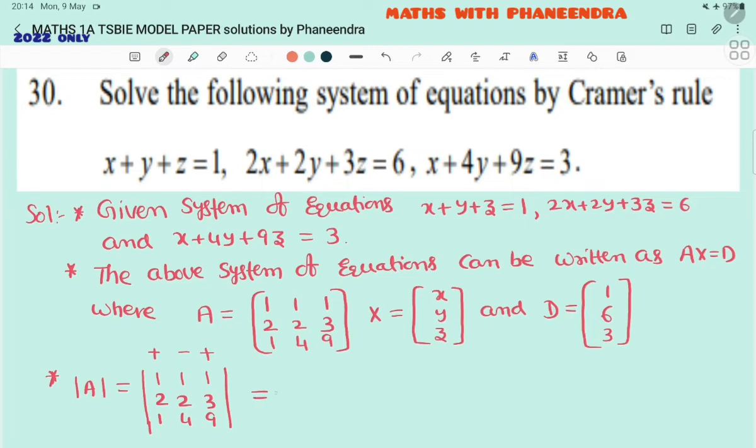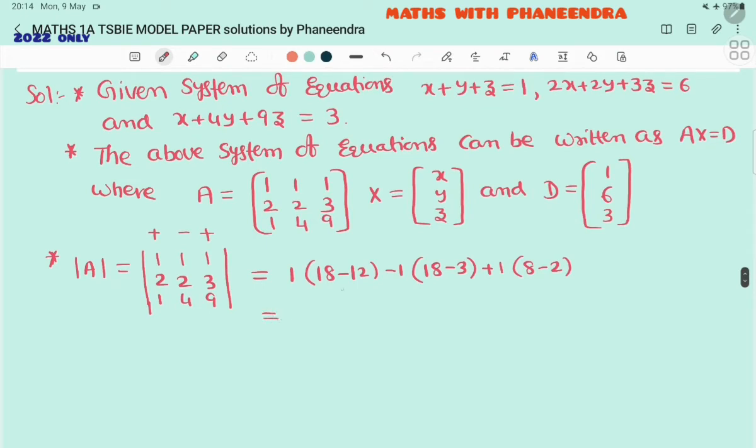So which is equal to 1 into 18 minus 12, minus 1 into 18 minus 3, plus 1 into 8 minus 2.